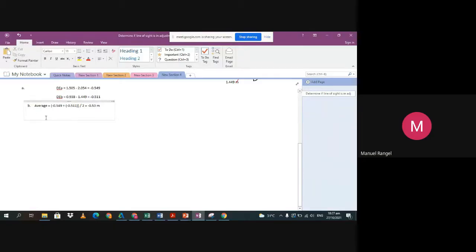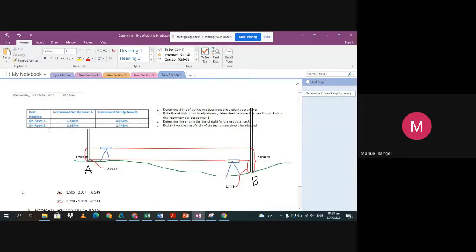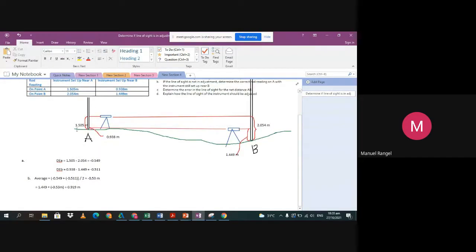So the correct reading is 0.919 meters. That is the correct reading from point A. Then determine the error in the line of sight for the net distance AB.